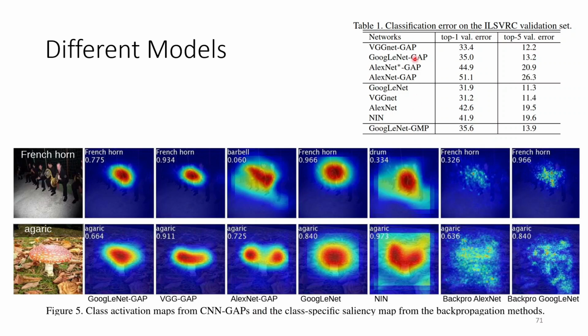Once they add those layers, they can see what the attention of the layers is. The table shows the quantitative comparison. If they use GoogleNet to train on ImageNet, the error rate is 11.3. But if they slightly modify GoogleNet and train on the same dataset, the error rate slightly increases.